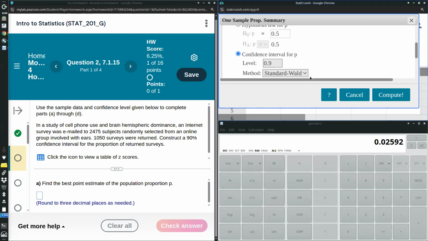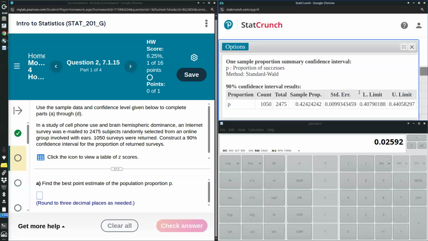again. So we're doing the same exact computation. I click compute and I get all my same numbers. So the point estimate, I can type that in. That's the sample prop, 0.424. I get that answer. And then the margin of error, that's where I want to use my calculator down here.